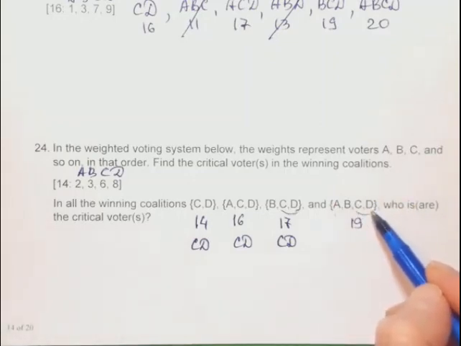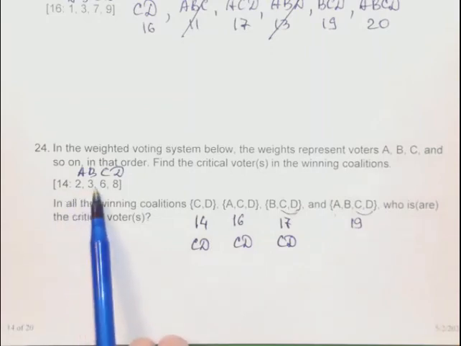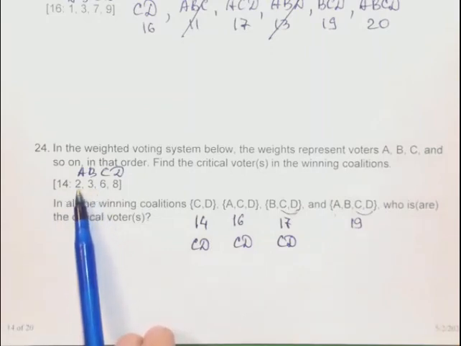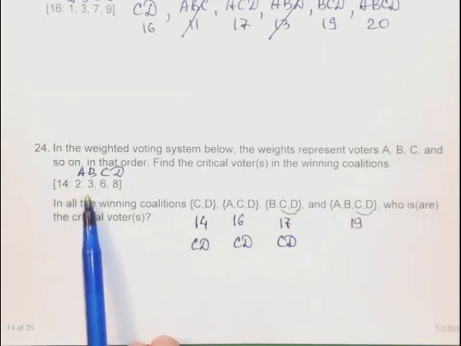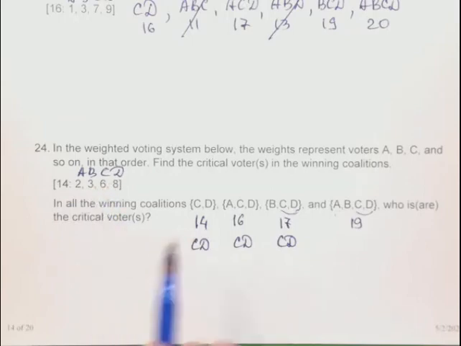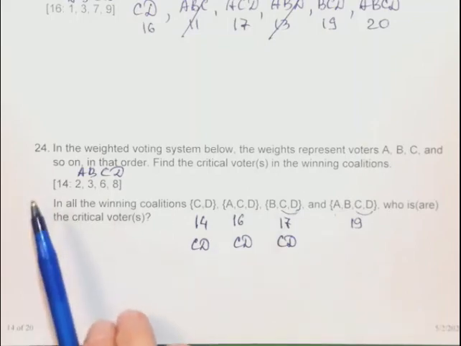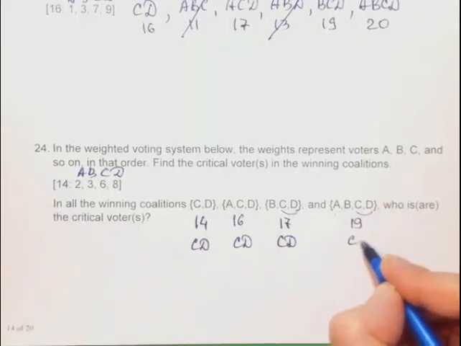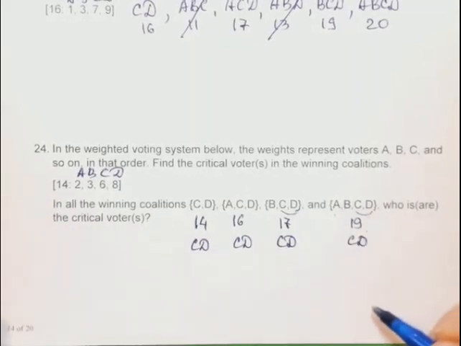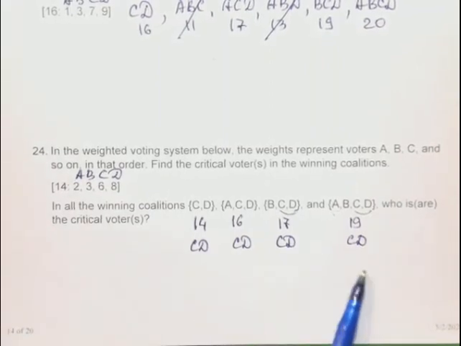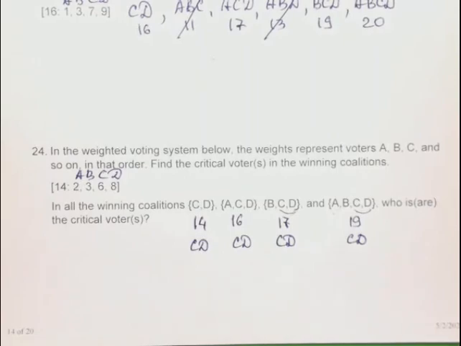If D leaves the coalition, we will have 9 plus 2, 11 votes. So D is definitely critical. If C leaves the coalition, 19 minus 6 will be 13, which is also less than 14. So both C and D are critical for this last coalition. So for all 4 coalitions, C and D are critical voters.